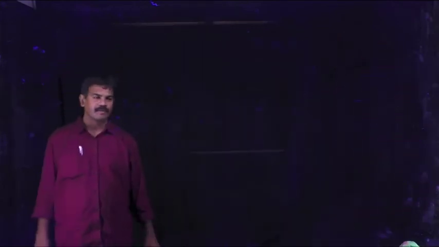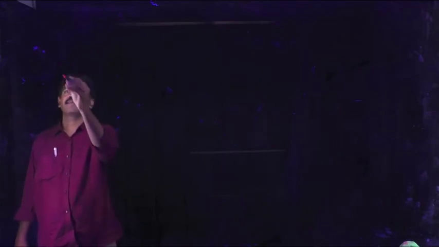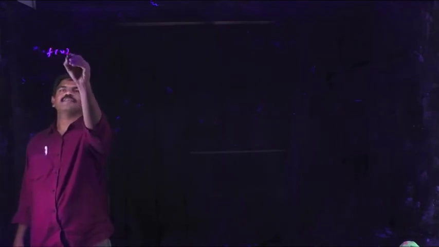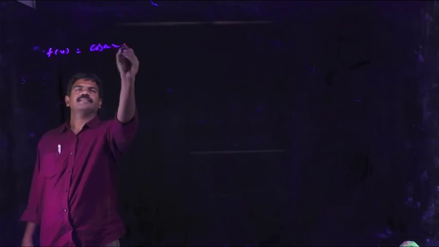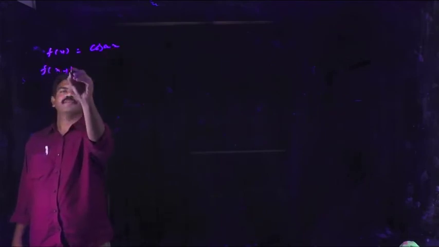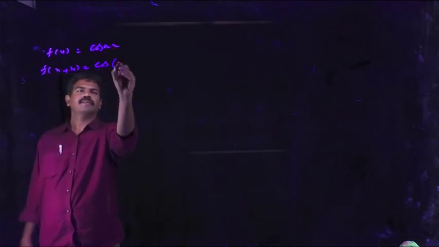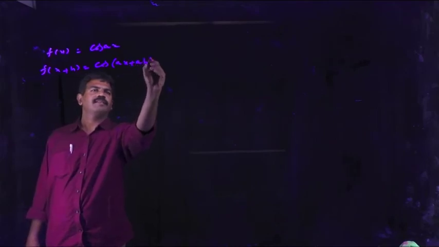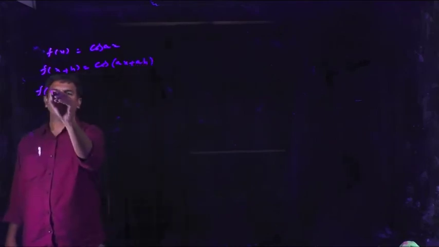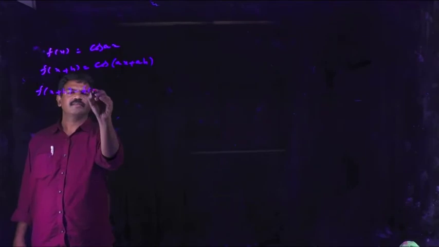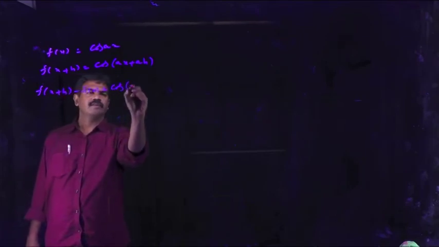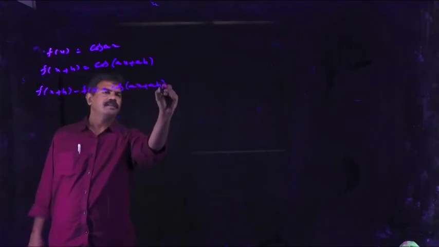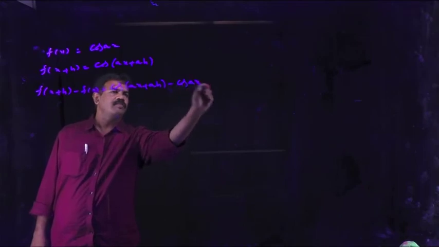Now we find the derivative of cos ax from the definition of differentiation. We take f(x) equal to cos ax. Next, f(x + h) is equal to cos(ax + ah). We take f(x + h) minus f(x) equal to cos(ax + ah) minus cos ax.